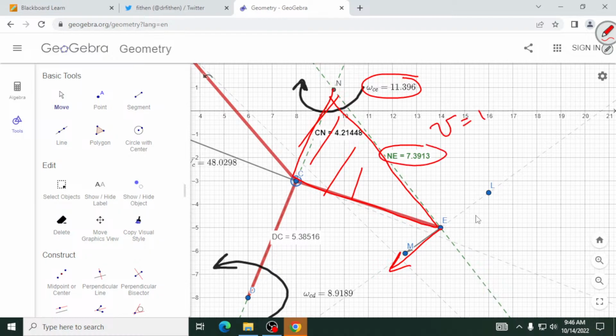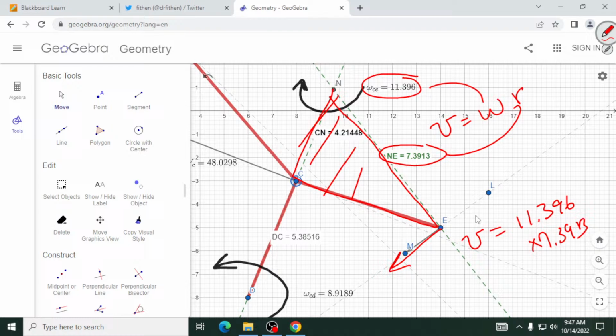So V equals omega times R, or this velocity is going to be equal to 11.396 times 7.3913. Okay, hang on. 11.396 times 7.3913 gives me 84. So it is considerably further away, so that makes sense.